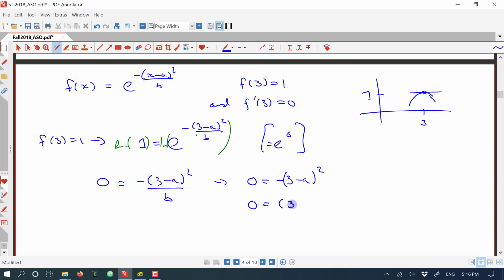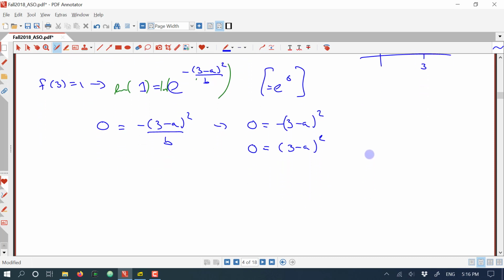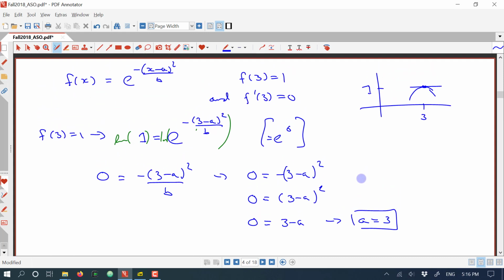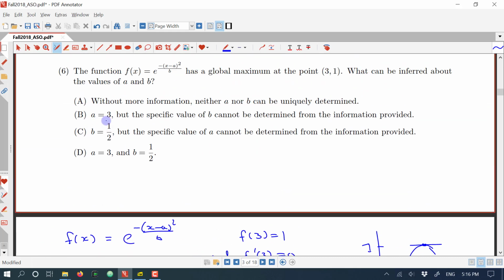That means 0 is the same as (3 minus a) squared, and then take the square root of both sides. 3 minus a is 0, which means that a has to equal 3. All right, so the first piece of information, the point location, we can learn that a equals 3, and fortunately that's in our list of things here. A equals 3, but we can't tell about b, or a equals 3 and b equals a half.